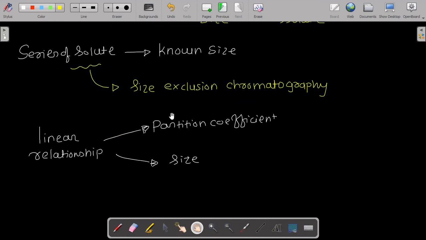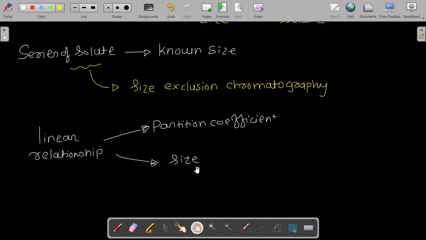Now if a series of solutes of known sizes are subjected to size exclusion chromatography, you will find a linear relationship between the partition coefficient and size.